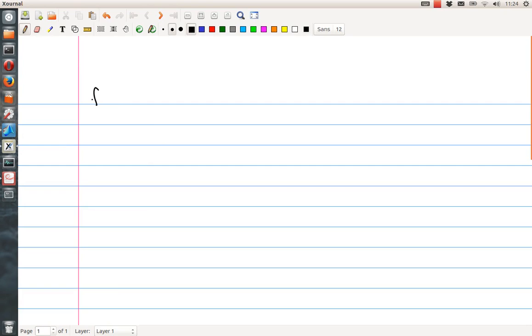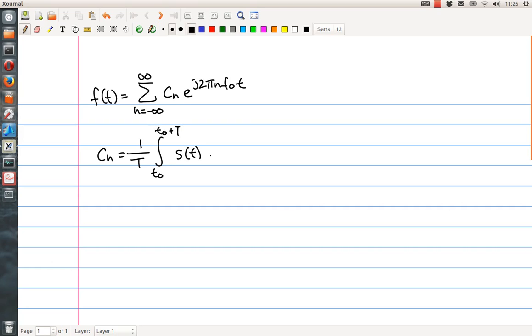So Fourier series, let's start with the definition first. J2 pi n f naught t, and our Cn coefficients are calculated through this integral, 2 pi n f naught t dt. The things that we need are T and, of course, f naught.